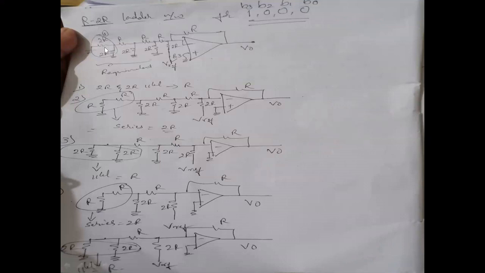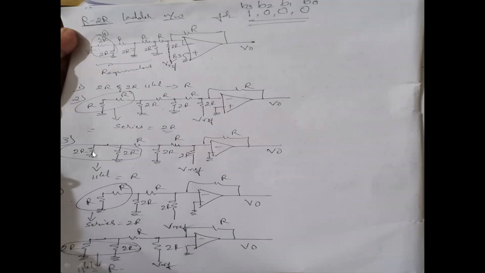When you simplify, these two 2R resistors are in parallel at this point, so you obtain the resistance R. Now this R is in series with this R, so R plus R gives 2R. After simplifying these two, you obtain 2R.